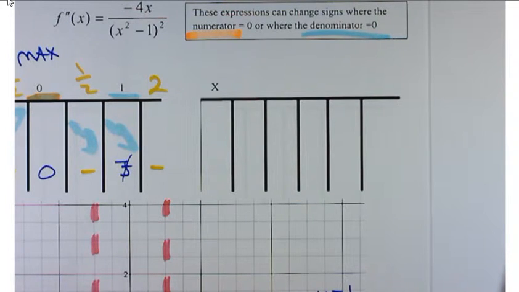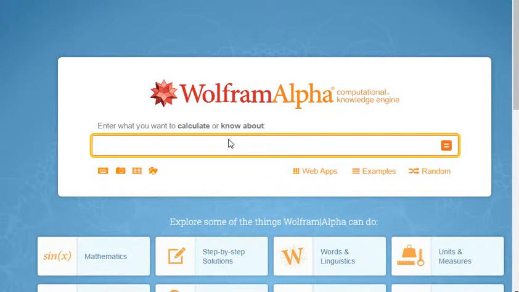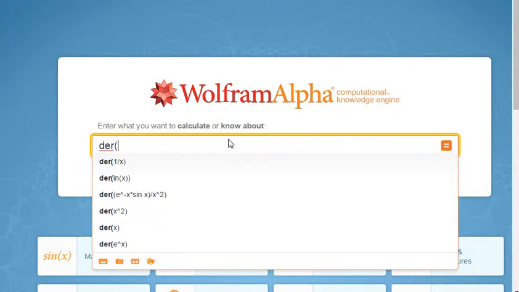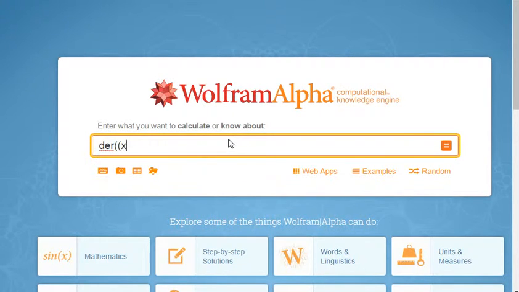Give it a Wolfram it. All right, let's practice with Wolfram Alpha just for good measure. I think it'll help us out in this one. So the form of the command for the derivative is derivative of the function. So there'd be, I need a parenthesis, x raised to the second power plus 1 divided by parentheses x raised to the second power minus 1, close parenthesis, close off the denominator, comma x.